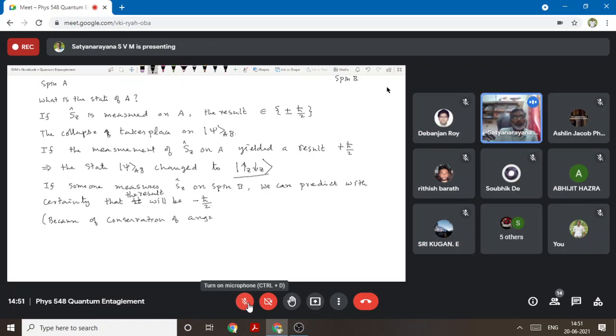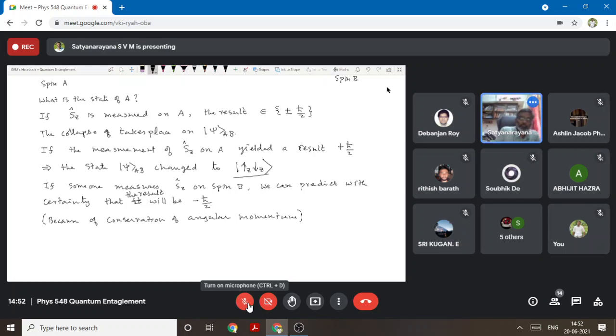The total angular momentum for the particle initially is 0, and hence we expect it to be 0 throughout, and therefore you can see that if that is plus h cross by 2, this has to be minus h cross by 2. If that was up, this has to be down. Now there is no guarantee that the measurement of SZ on A yielded h cross by 2.